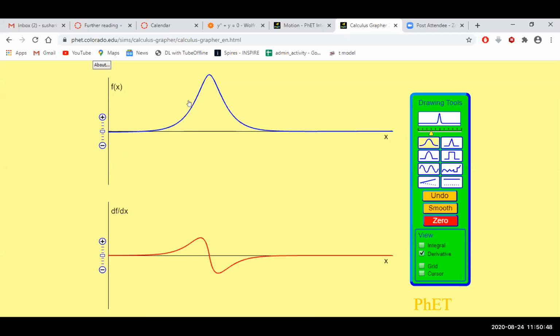At some point, after having increased, the function becomes flat at the top of the hill. Means the derivative has again become 0. And then it decreases. So the derivative is negative now because the function is decreasing. And eventually again it becomes flat, therefore 0.